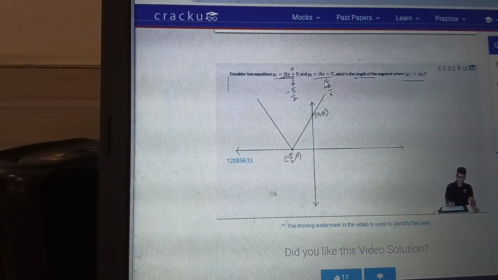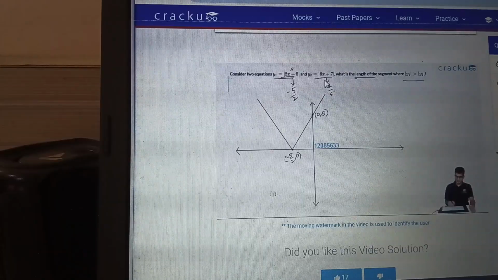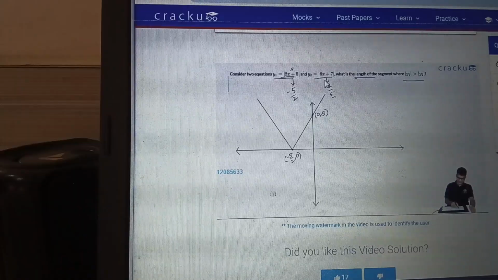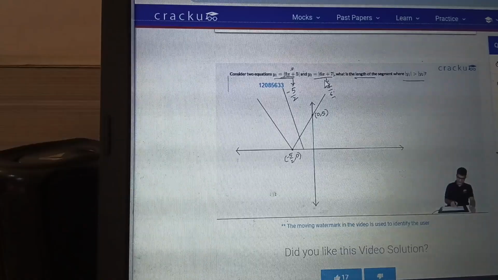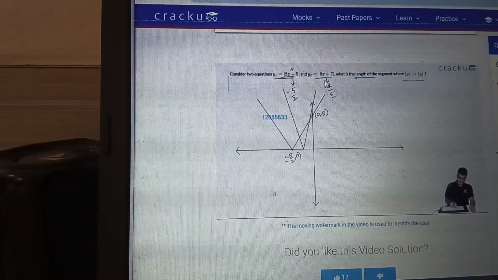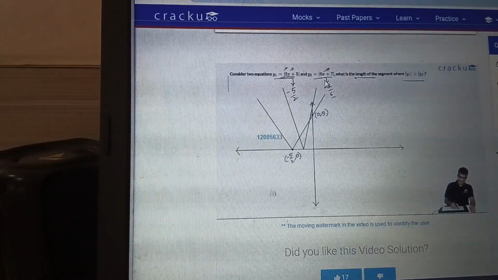Similarly, if you are looking at the second one, this is equal to modulus of 6x plus 7. The inflection point is minus 7 by 6. So it will also be a V-shaped graph, but it will have a steeper slope. The reason for that is because the slope is equal to 6 for the second one, and it is equal to 2 for the first one.